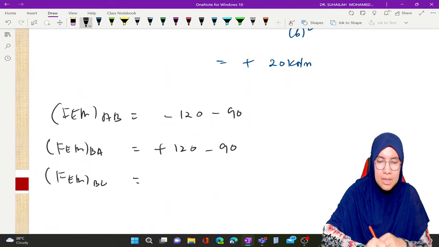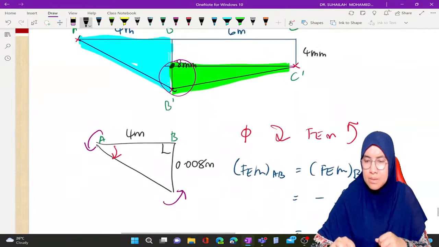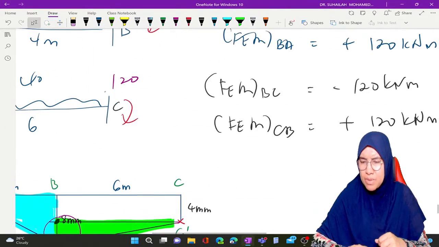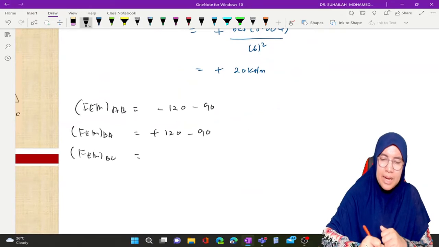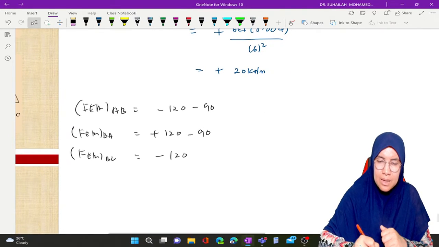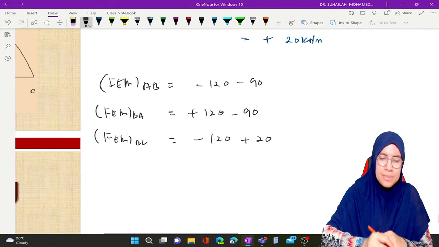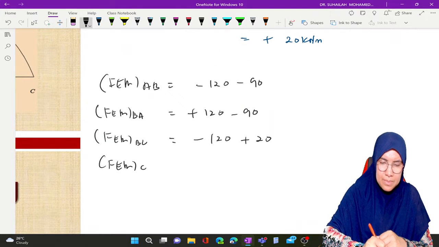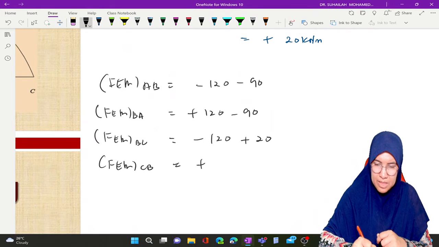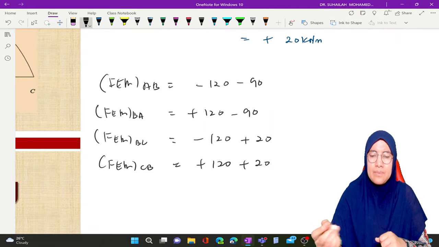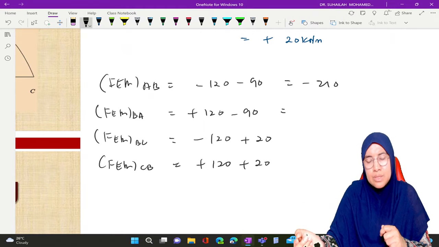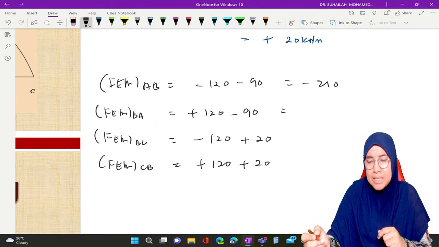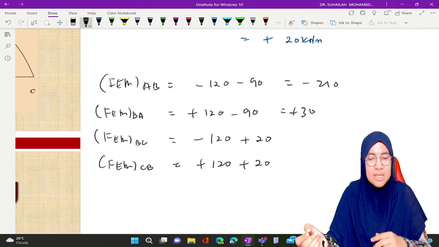For FEM BC, I think it is the same value, negative 120 plus 20. And FEM CB is positive 120 plus 20. So we get negative 210, and this one we get positive 30.